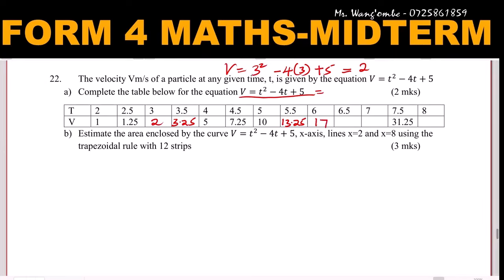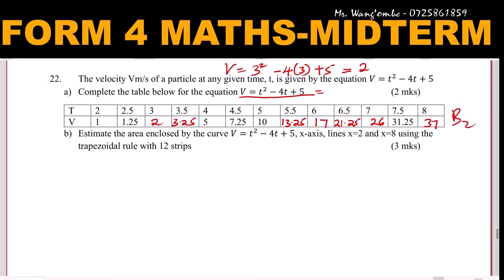When t is equal to 6.5, v will be 21.25. When t is equal to 7, v will be 26. When t is equal to 8, v will be 37. By just doing that, being very keen when using the calculator, you get 2 marks.